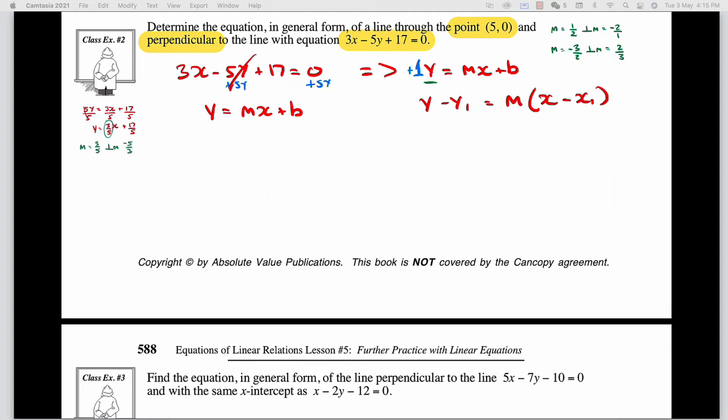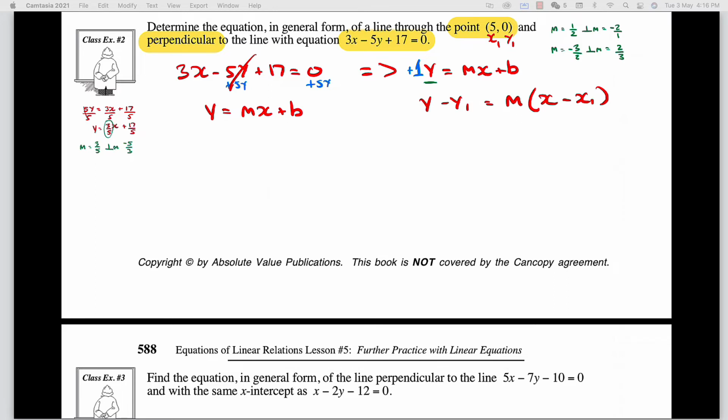Okay, and this point up here can be our x1, y1. Let's start with y equals mx plus b. So I know y is 0. I know m is, oh no, sorry, m is negative 5 over 3. And I know the x value is 5. So from that I can calculate b.